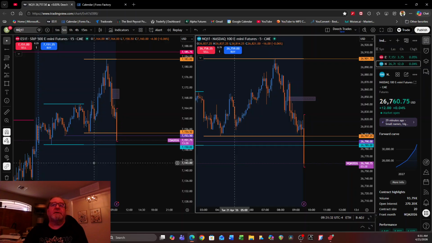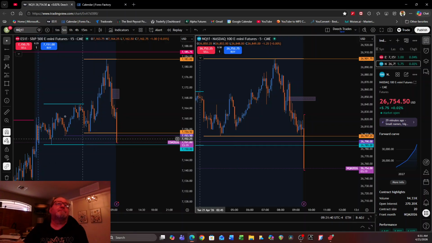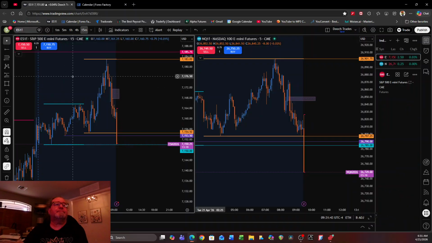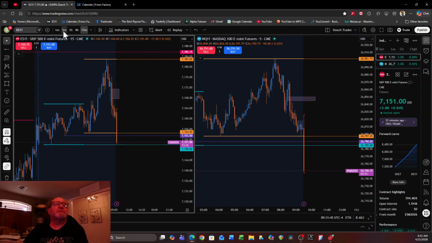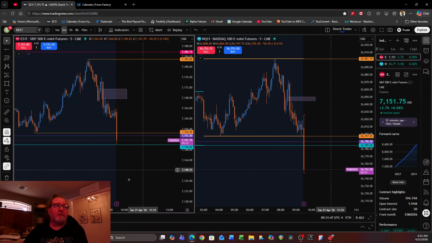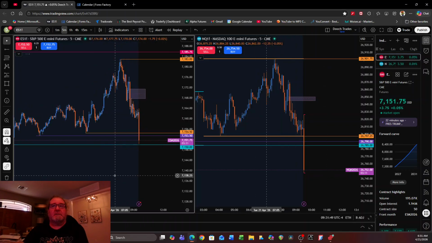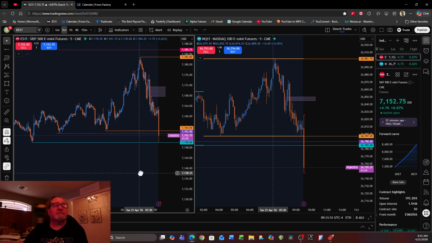S&P a little bit slower to take out the lows. We did take out London and hourly. We have not taken out Asian, but that looks like it's coming. I'm going to switch to the 5-minute here since we at least took out one of our major price points.